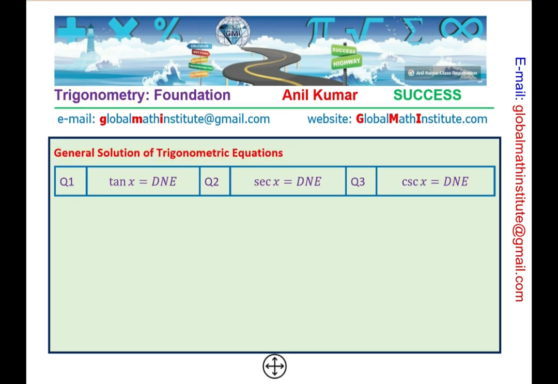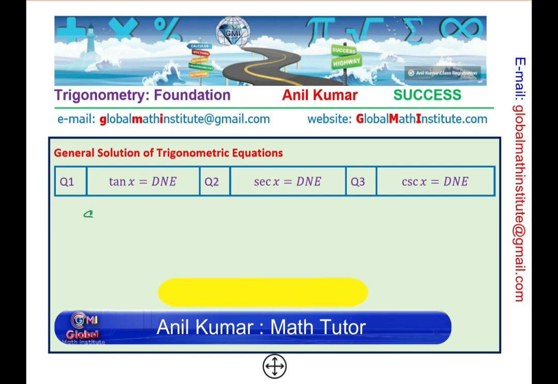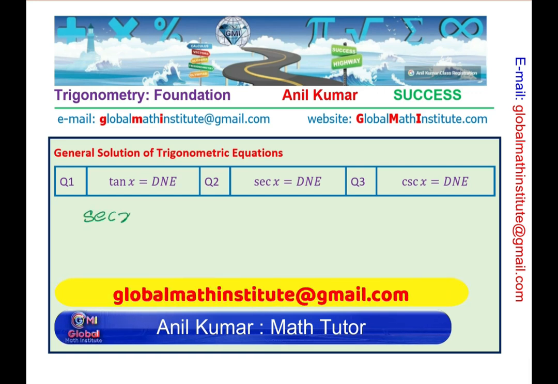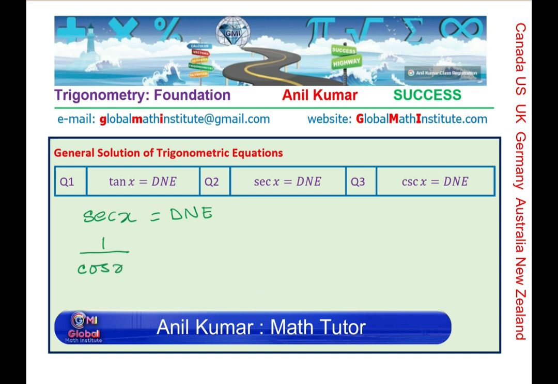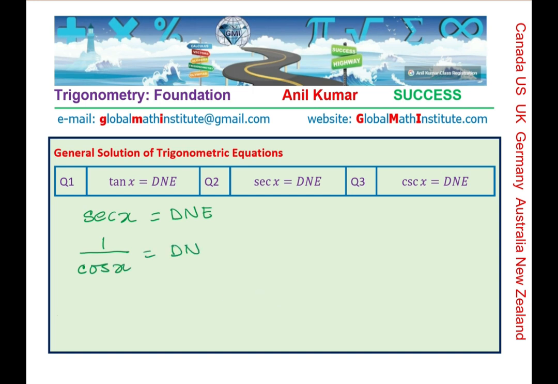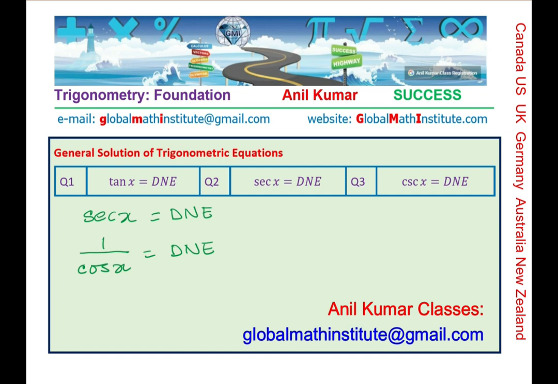Let's look into question number 2 now, which is secant x does not exist. When will that happen? Well, secant is 1 over cos x, correct? And as we saw, those values where cos x equals 0 are the answers.